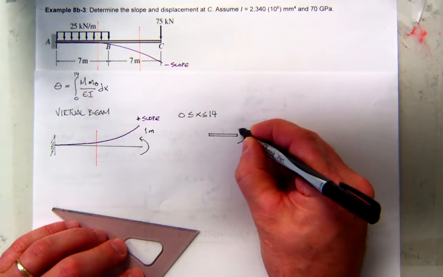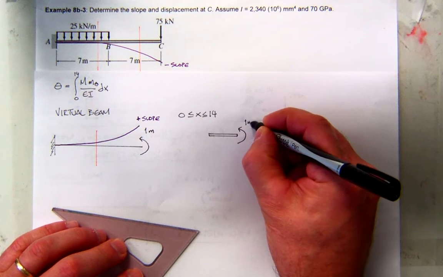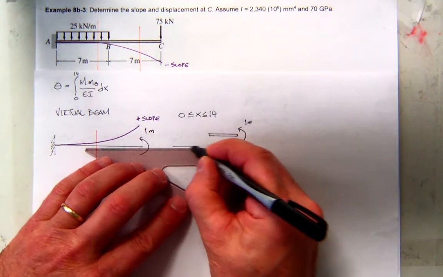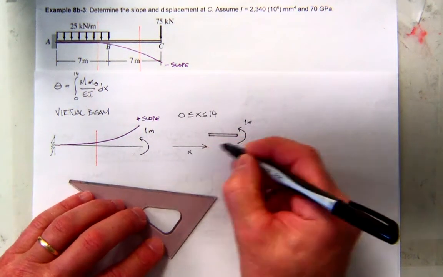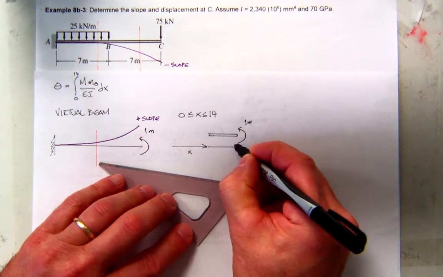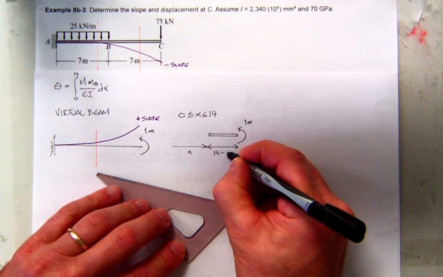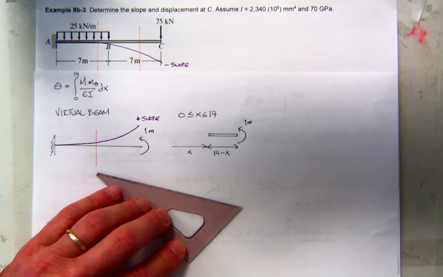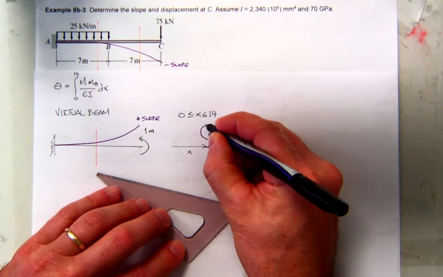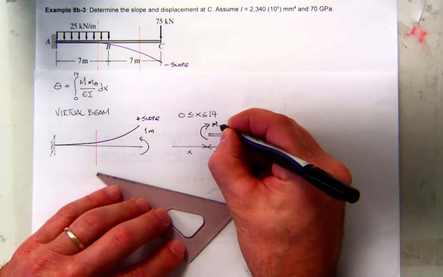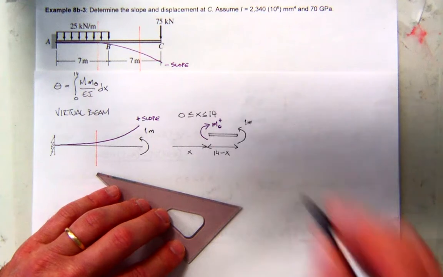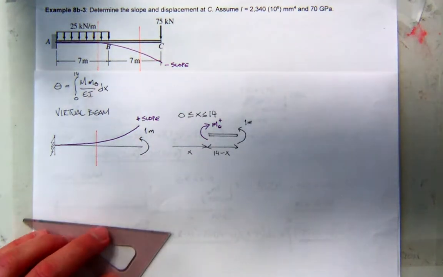I've got the applied moment on the end, and I'm going to cut it at an arbitrary distance x, and the segment to the right would be length minus x, which in this case is 14 minus x. And then I'm going to have internally the virtual moment due to the rotation, and I'll assume positive sign convention for that.